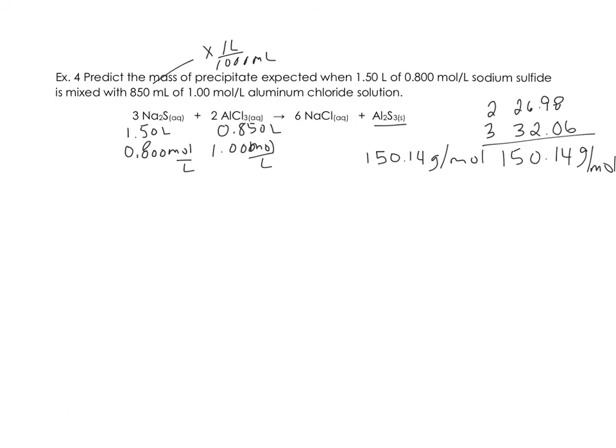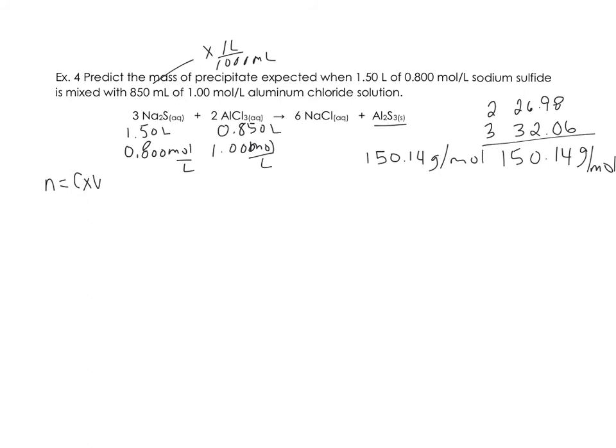Okay, so we've got to figure out how much mass we can produce from sodium sulfide, how much mass we can produce from aluminum chloride, see which one produces the least amount, because that is going to be our limiting reagent. The reaction stops once that reagent is all used up. So we need to find moles. So moles is equal to concentration times volume.